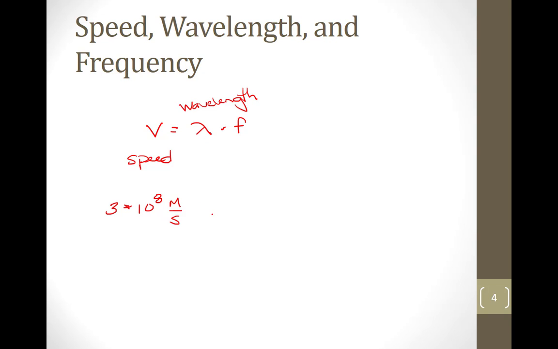So we're going to go with the speed in vacuum, the wavelength, and then if we pick on a local radio station, maybe 97.5 megahertz, so that'd be 97.5 times 10 to the 6 hertz. I just know it's one of the local radio frequencies. Then I can calculate the wavelength by taking 3 times 10 to the 8th meters per second and dividing by the frequency.